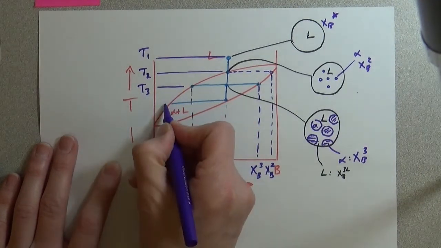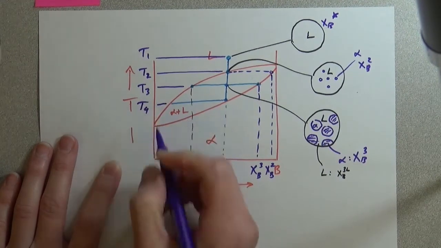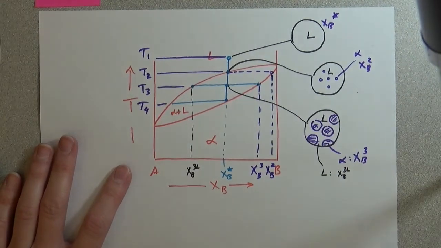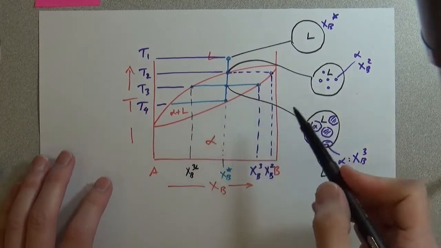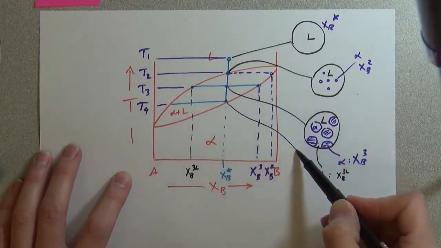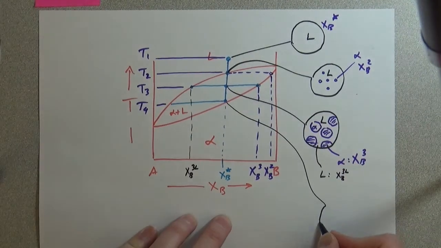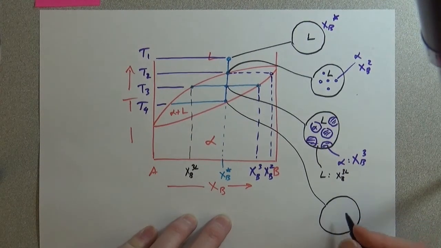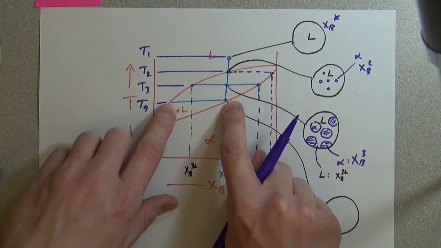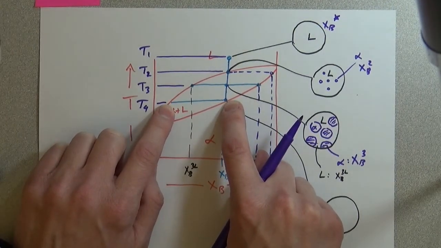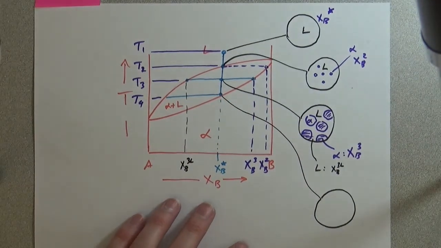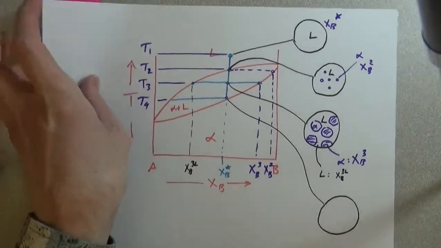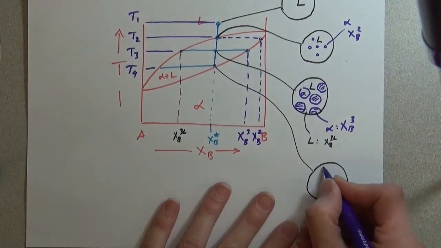Call this T4. The microstructure here is mostly alpha now, right? If you look at the tie line, it's 99% alpha and about 1% liquid. So our microstructure is going to look like this.